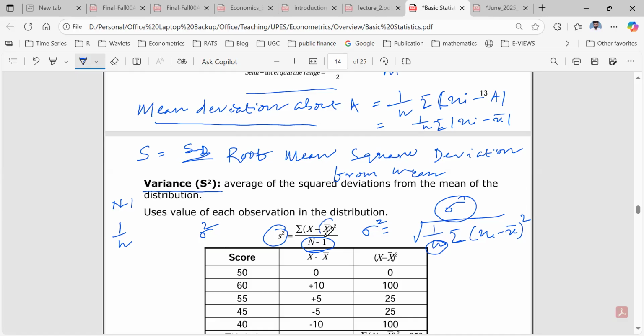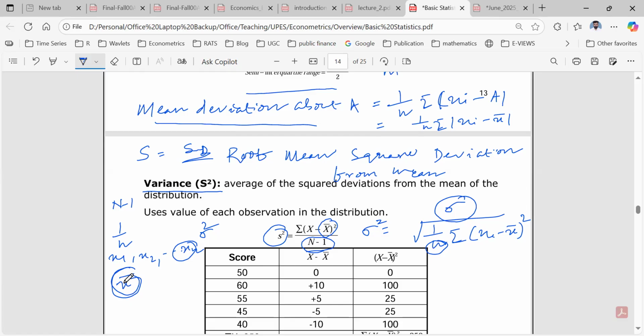If you have n observations, x1, x2 up to xn, and already you have calculated x bar, then if you know x bar and all these observations, the last observation you can easily calculate because x bar is already given. So this is the degrees of freedom basically. You have adjusted 1 degree of freedom because you are calculating from the sample.